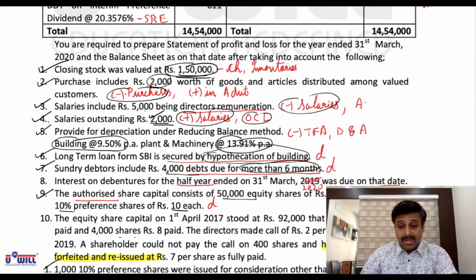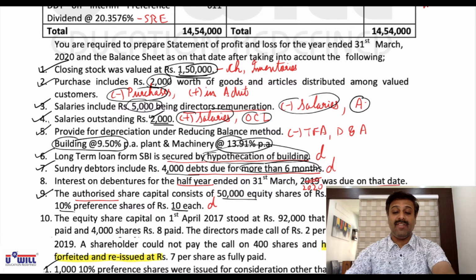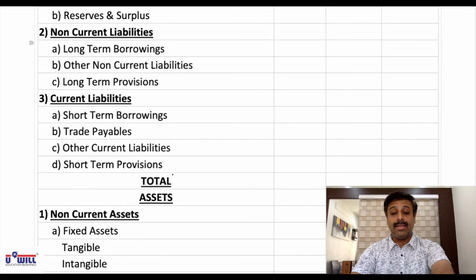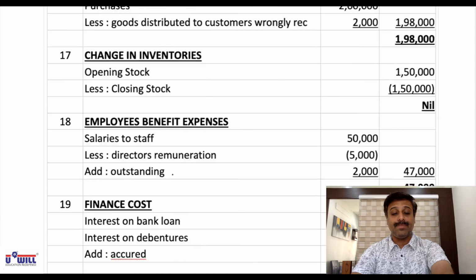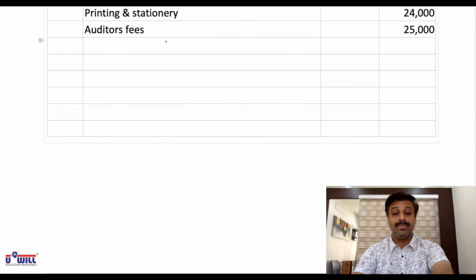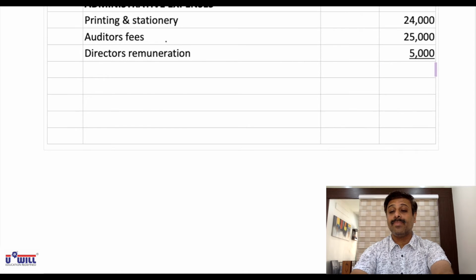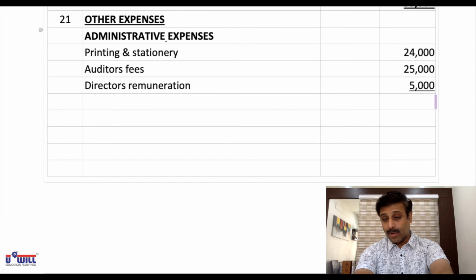In adjustments, we have the third adjustment marked as administrative expense, director's remuneration of 5,000. So total administrative expenses, we can do it: 24 plus 25, 49 plus 5, 54,000.